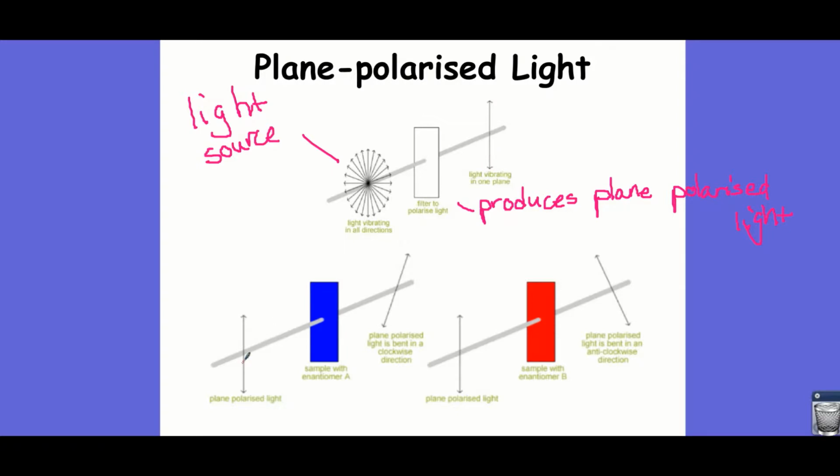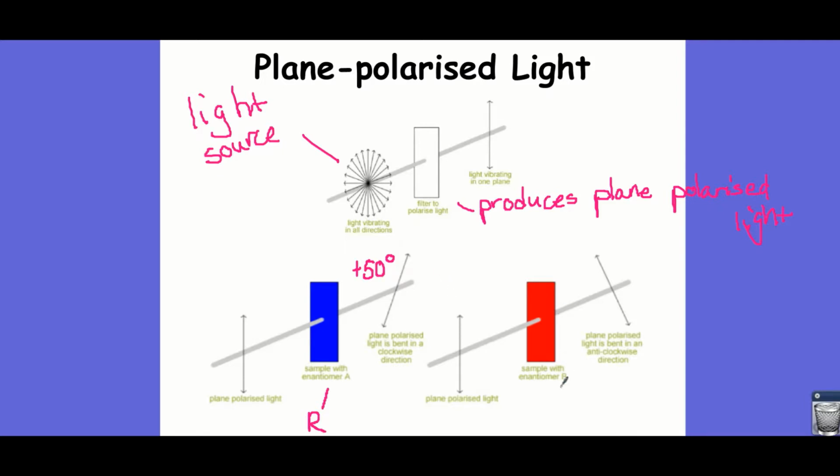When we pass that plain polarised light through a sample of our enantiomer, let's call this enantiomer R, it will rotate the light. So this sample of R may rotate it by 50 degrees positive, or to the right.